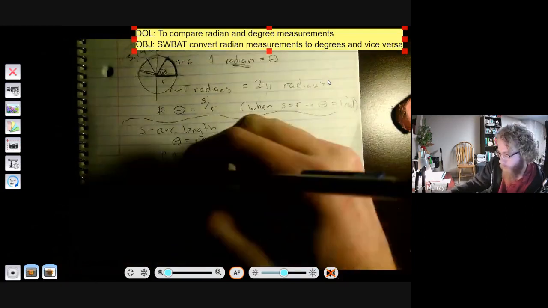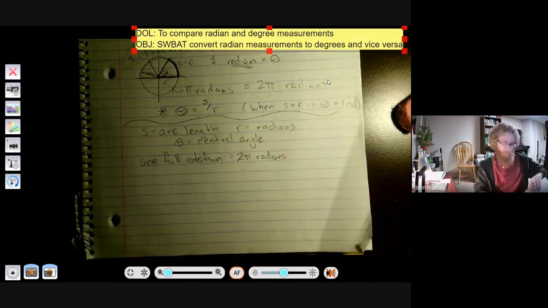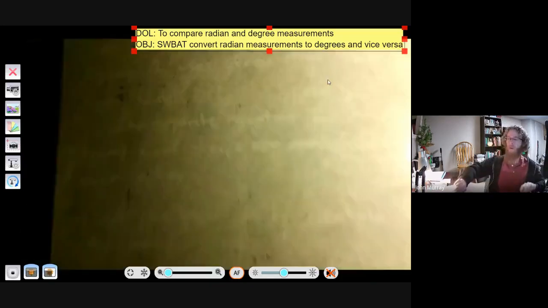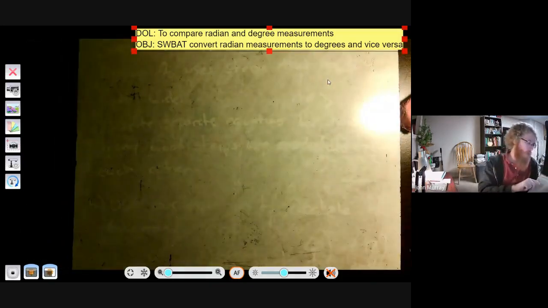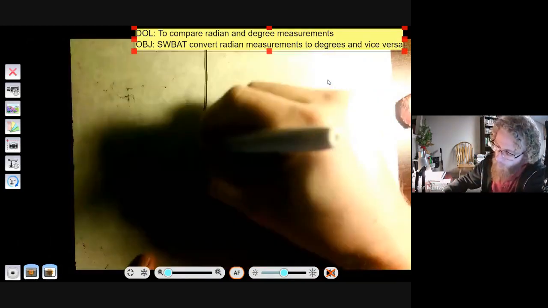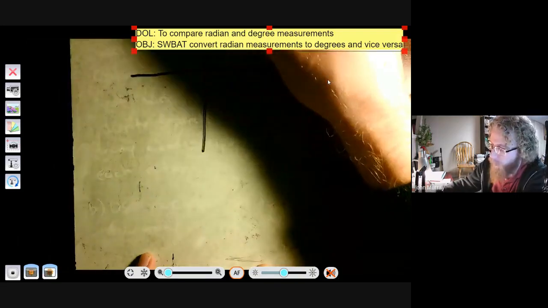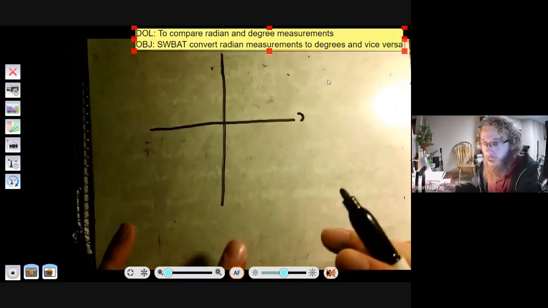Now, moving forward, let's do this. When we're talking about our angles on the coordinate plane, it helps sometimes if we can classify them further.